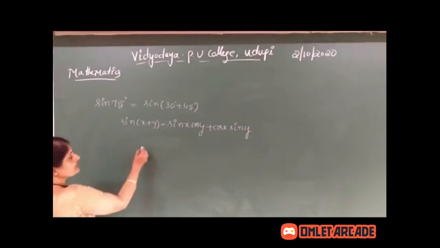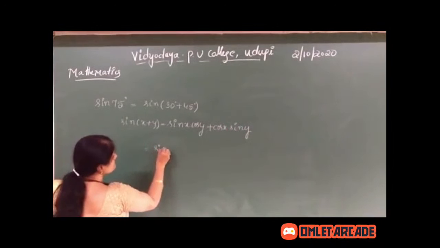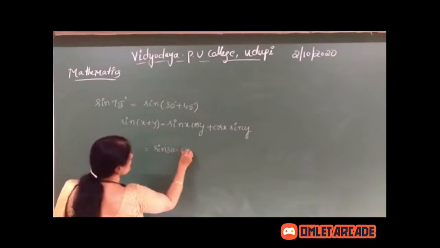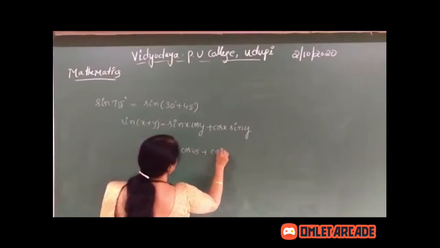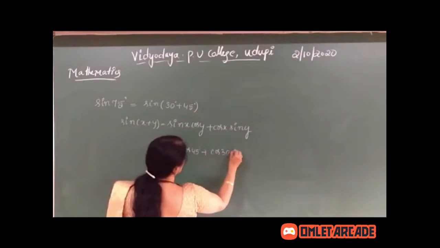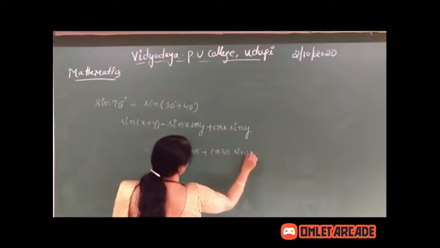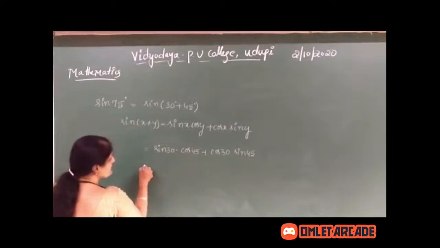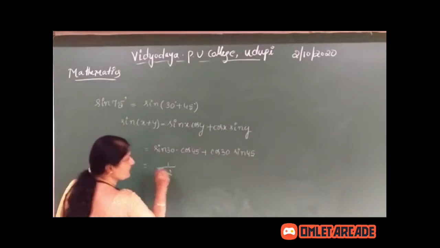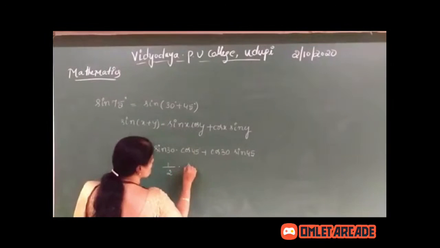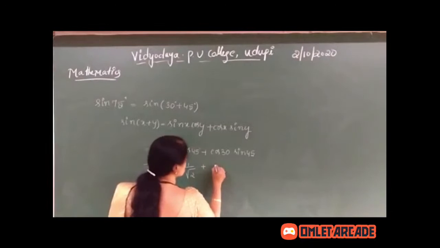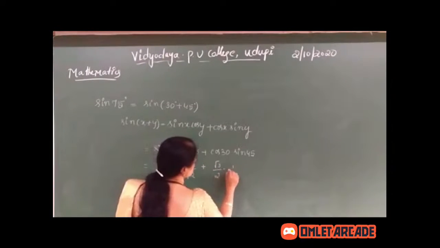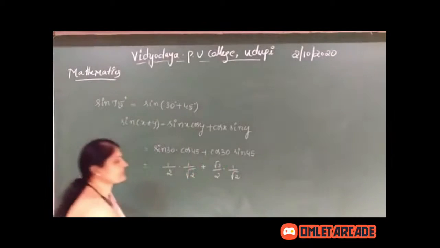We'll substitute now. Sin 30 into cos 45 plus cos 30 into sin 45 degree. Substitute and get the answer. Sin 30 is 1 by 2, cos 45 is 1 by root 2, plus cos 30 is root 3 by 2, and this is 1 by root 2.